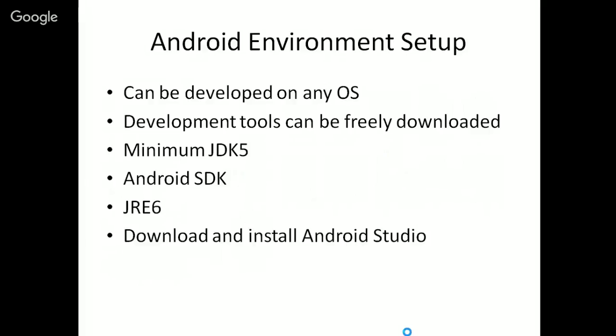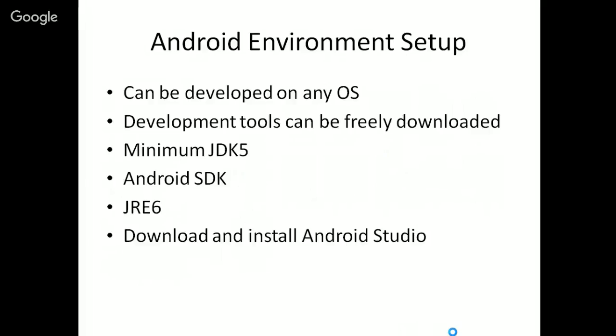The Software Development Kit for Android can be freely downloaded as it is an open source platform. It can be downloaded freely from the internet. I will show you and describe how the software development kit can be downloaded.